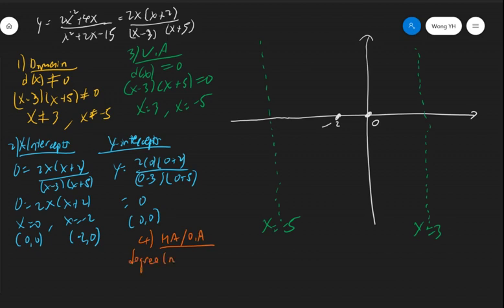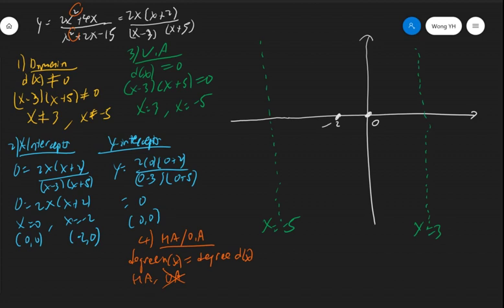What do you think is the degree of the numerator, the one on top? You can see that on top it is 2, compared to the denominator, which is also 2, so they are equal. When this happens, we will have a horizontal asymptote, and the oblique asymptote does not exist.